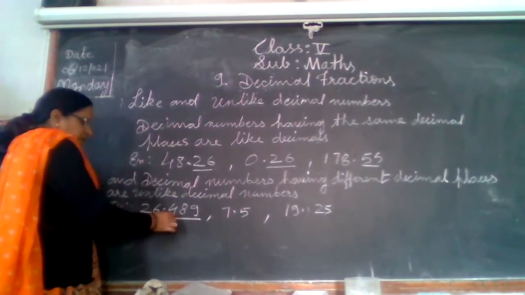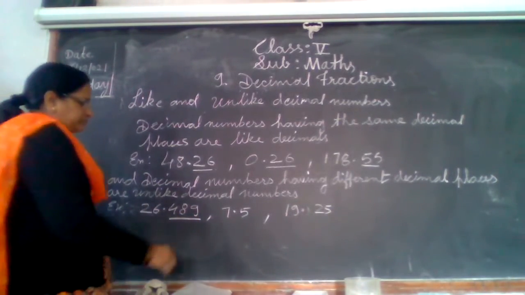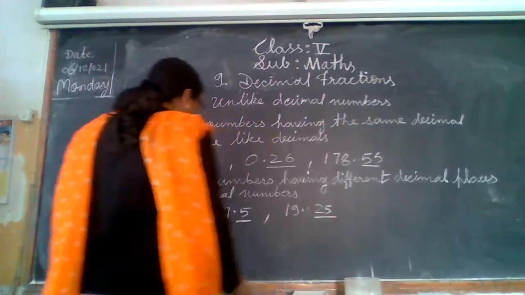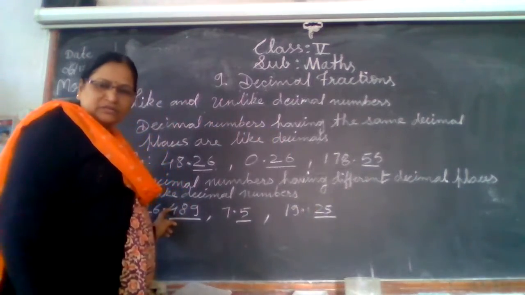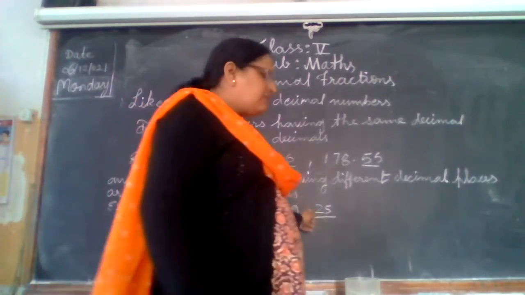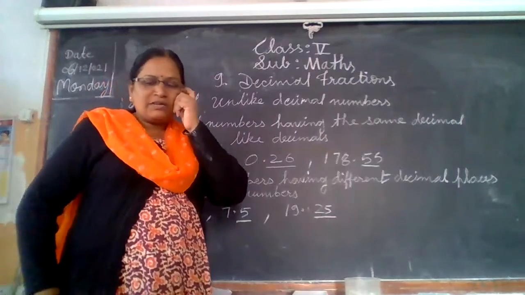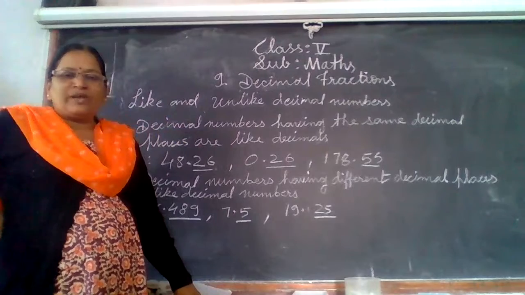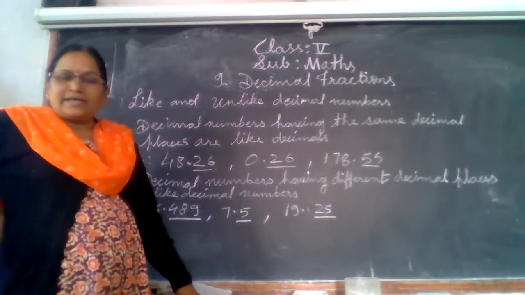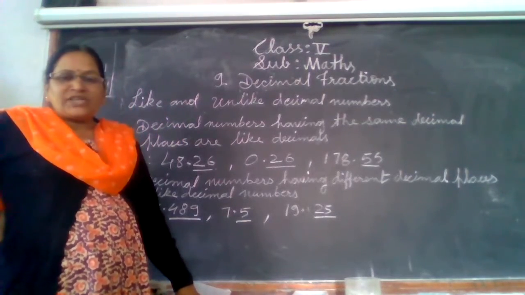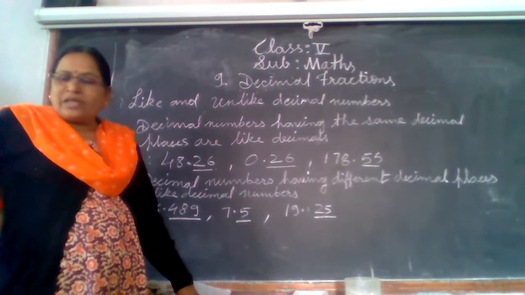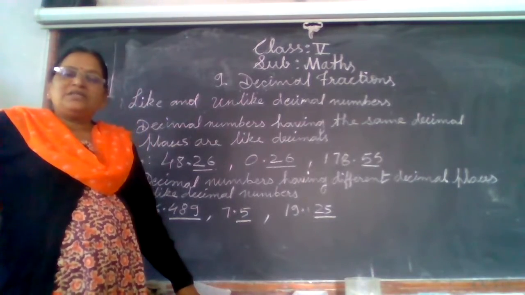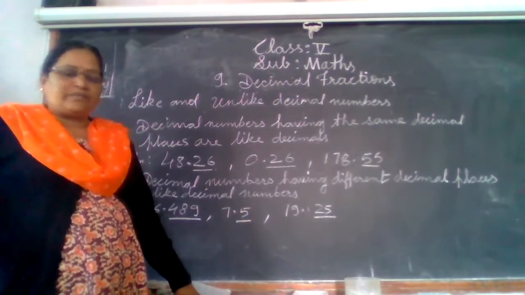But see, .489, .5 and .25, they are having different decimal places: 3, 1 and 2. Got it, beta? So they are known as unlike decimal numbers. Yes, we can change the unlike decimal numbers into like decimal numbers by putting zeros from the rightmost side.